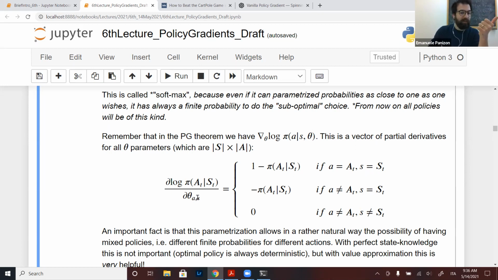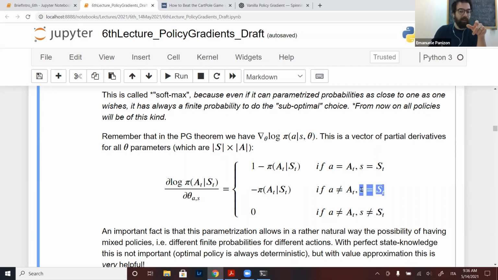If the parameters correspond to that state and the action corresponds to that action, this derivative of a logarithm turns out to be 1 minus the probability of taking that action in that state. So in a sense, when I take an action in a state, the derivative of the log of the policy with respect to the parameter which corresponds to that action and that state is 1 minus pi.